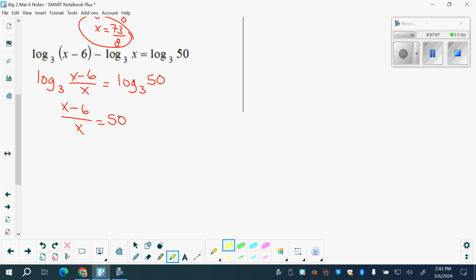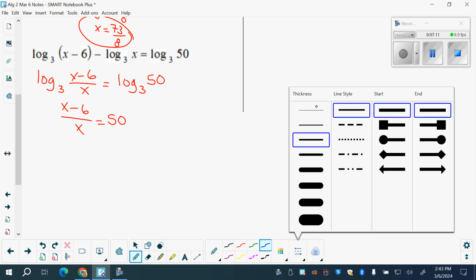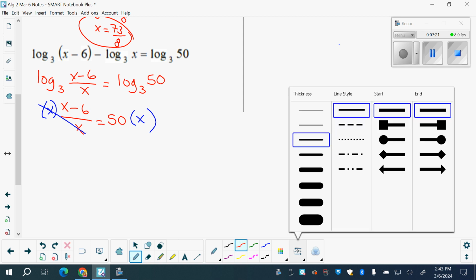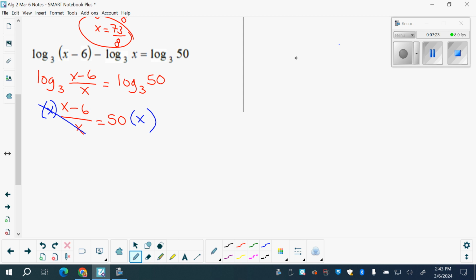So now what would we do to solve for x? Multiply both sides by x. That's right. So times by x. These x's cancel. And I get x minus 6 is 50x.